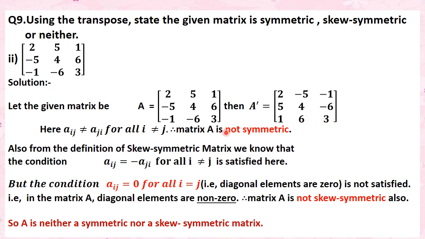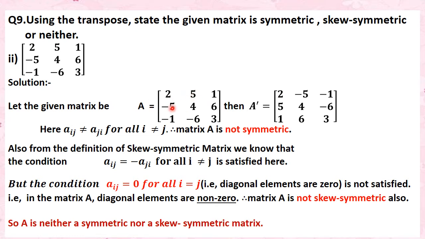Now we will see whether this matrix A is a skew symmetric matrix. For that we will see whether both the conditions are satisfied or not. Non-diagonal elements are taken first, to see whether they satisfy the condition that Aij is equal to minus Aji. Look at the non-diagonal elements here, minus 5 here in A, and 5.